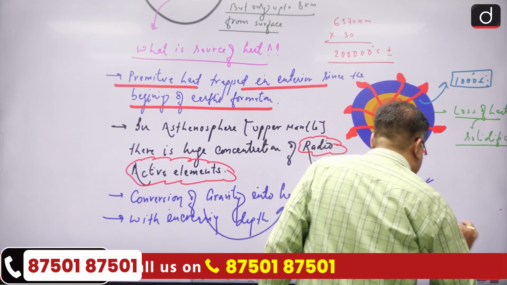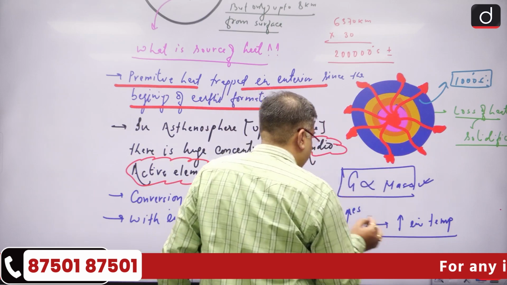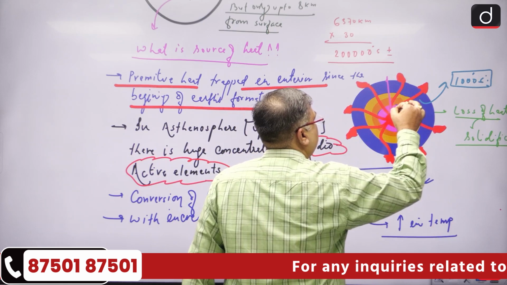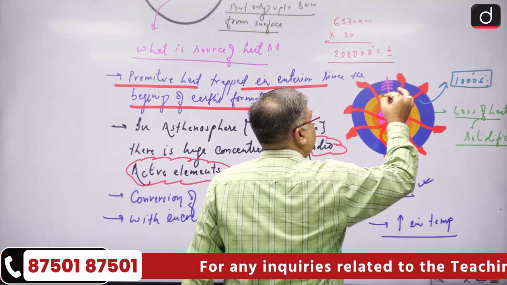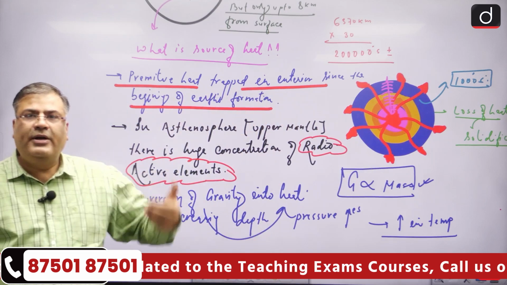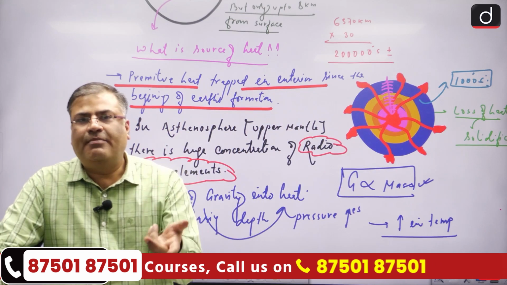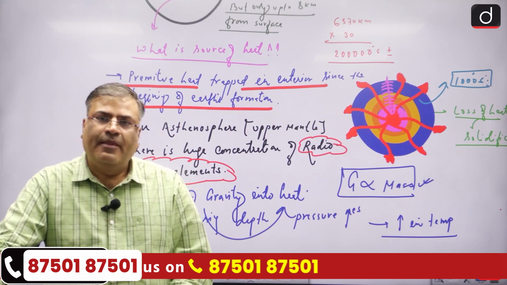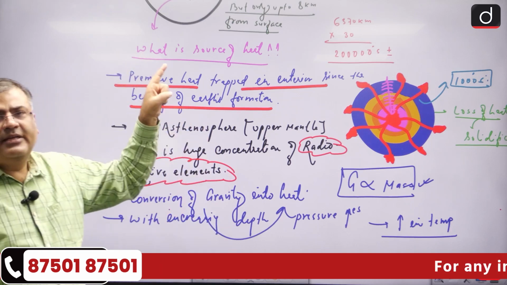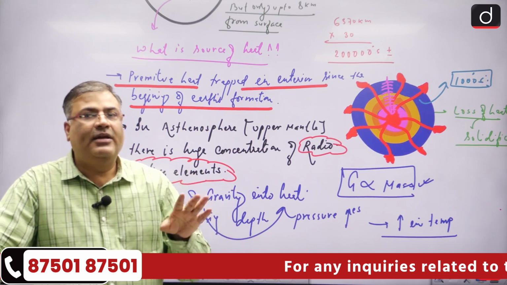I hope you will get this. Because what is pressure? Suppose layer by layer, if things are coming down this way, every layer is adding a certain force per unit area, and that force per unit area will also increase the temperature in the interior. So these are the factors why temperature in the interior is high, and this temperature is increasing with increasing depth.